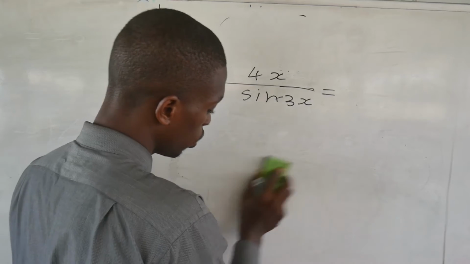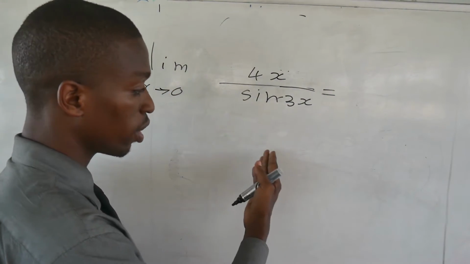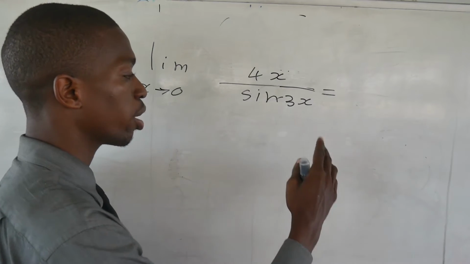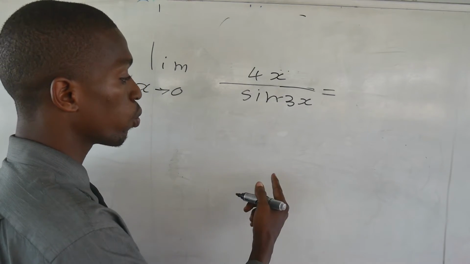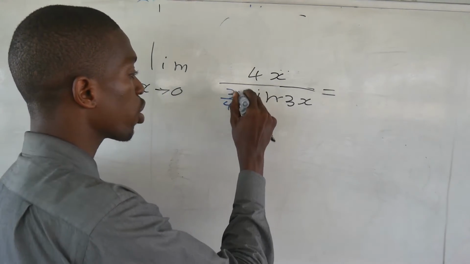And now we use a method for any number you want to turn into the next number: let's use the appropriate fraction. So we need to multiply top and bottom by 3/4.